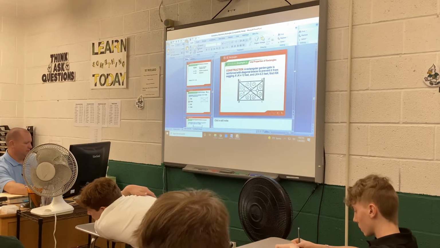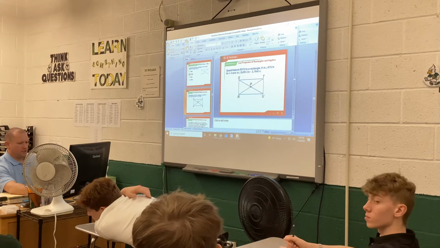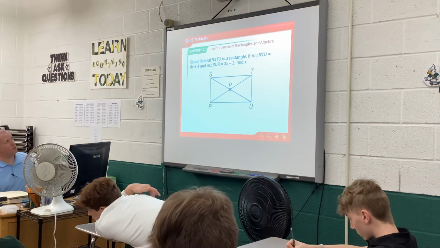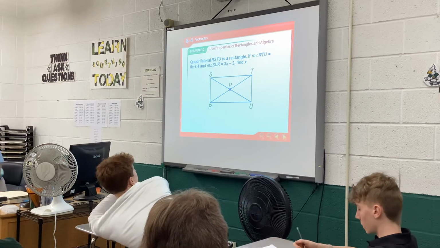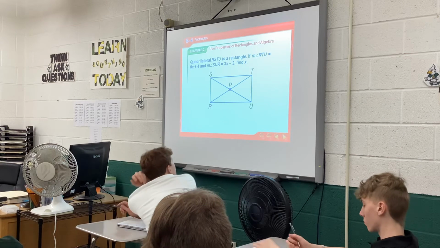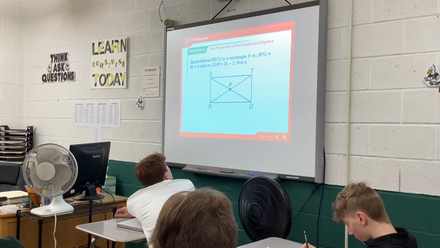This one's pretty much the same thing, but now we're just using quantities instead. Quadrilateral RSTU is a rectangle. Again, I can't argue it, but now all those things have to click into my head. What are the characteristics of a rectangle?